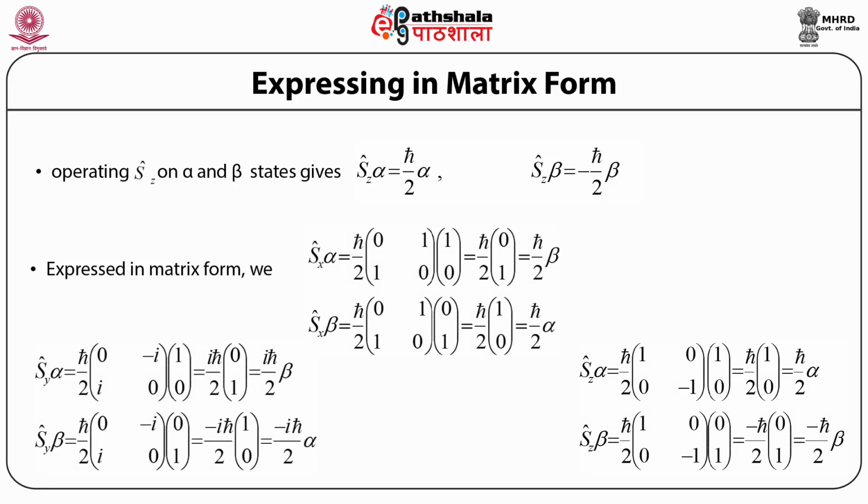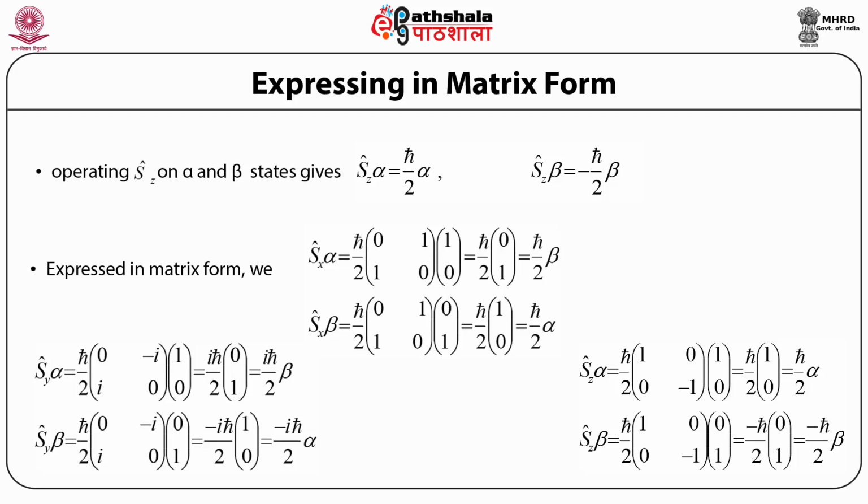When these operators act on the corresponding eigenstates alpha and beta, that is the spin up state and the spin down state, operator Sx acting on alpha gives h cross by 2 times the 2 by 2 matrix 0 1 1 0 times column matrix 1 0, and this gives us the final value h cross by 2 times column matrix 0 1, and this is equal to h cross by 2 times the eigenstate beta.